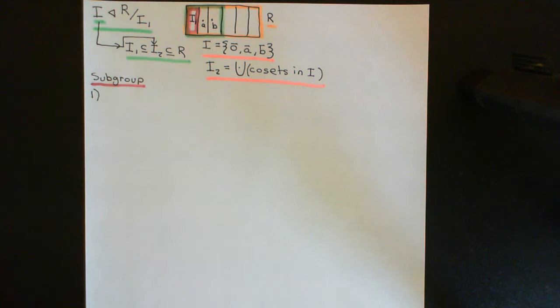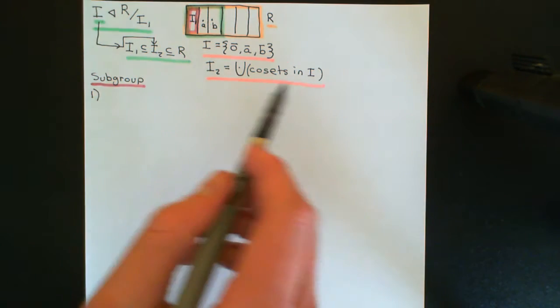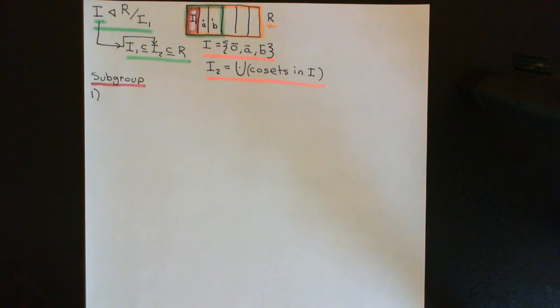Okay, so that means that if I take two arbitrary elements from this subset, and I hope you'll agree this is a subset of the ring capital R, so it fulfills that first thing that an ideal is going to have to agree with. Now what we just need to make sure of is that it's a special subset. The first thing we need to make sure of is that it's closed under addition.